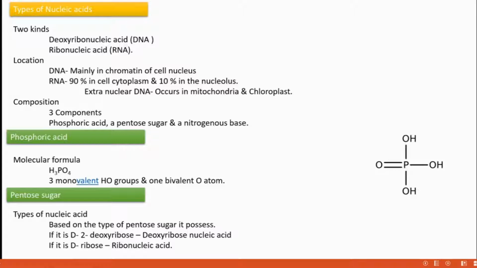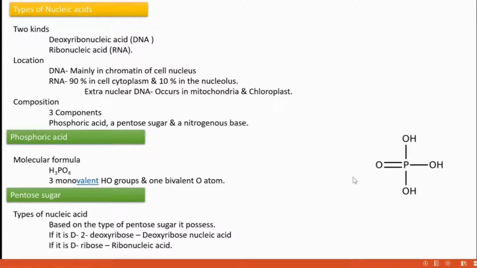That OH can form one bond, so that's one monovalent. And phosphorus, its valency is 5, so 5 bonds are forming here.